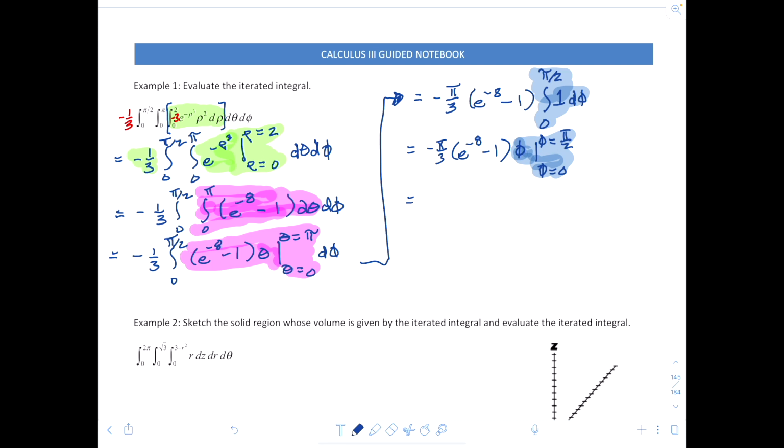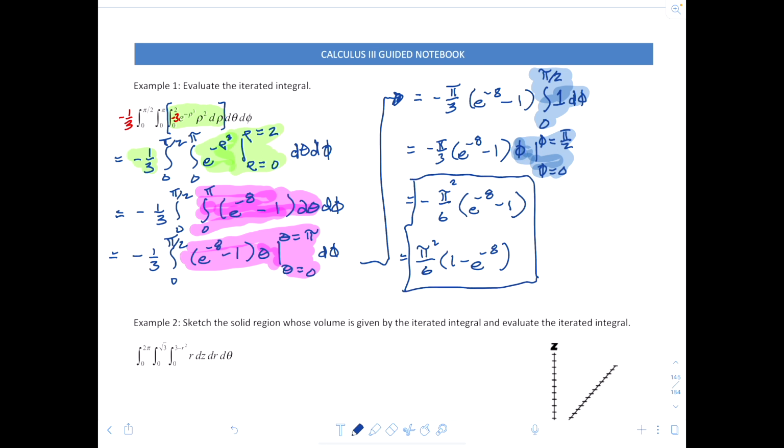So now we'll get a factor of pi over 2, right? So we'll end up with negative pi squared over 6 times e to the negative 8 minus 1. Or if you want to pretty it up, you could say that's positive pi squared over 6 times 1 minus e to the negative 8. Either one works just fine. And there you have it.